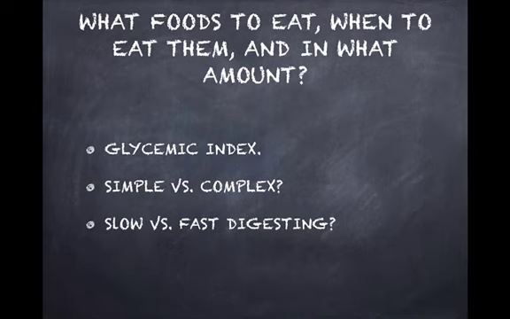If the food is a fast digesting carbohydrate, then you don't want to be taking it in while you're at rest, because most of that glucose is going to get shuttled into fat storage rather than put into glycogen stores and used for energy.